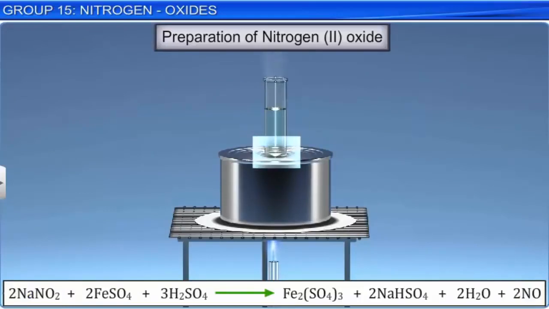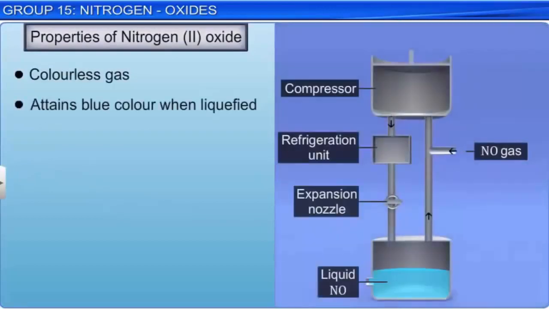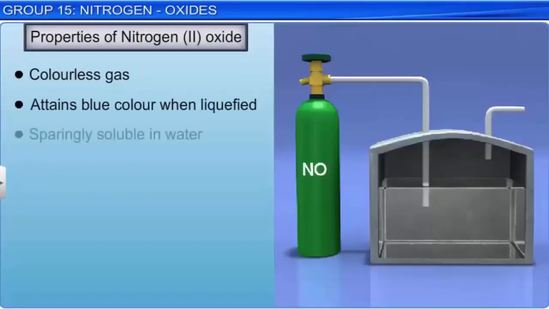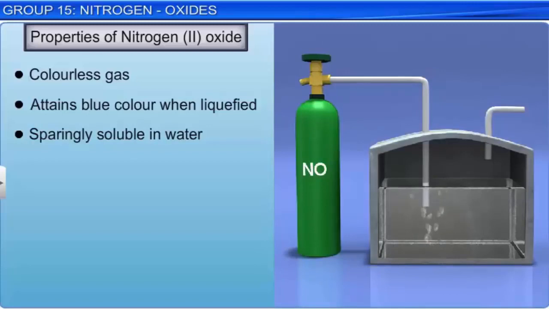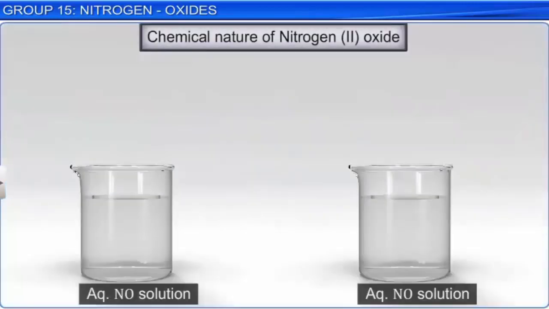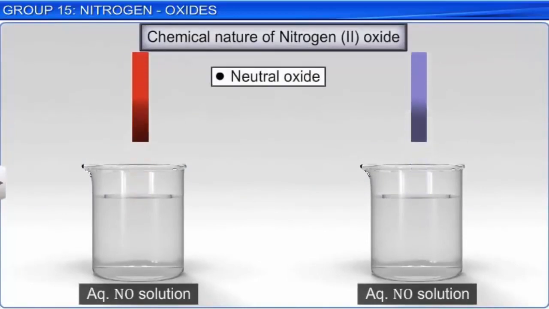Nitric oxide is a colorless gas that attains blue color when liquefied. It is sparingly soluble in water. Just like nitrous oxide, it is also a neutral oxide.